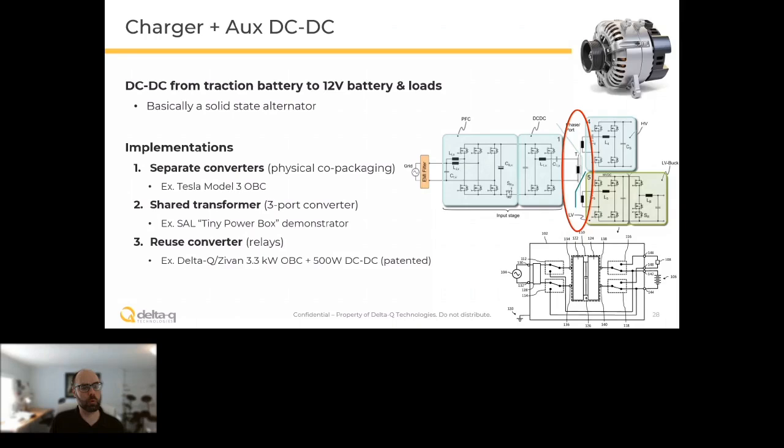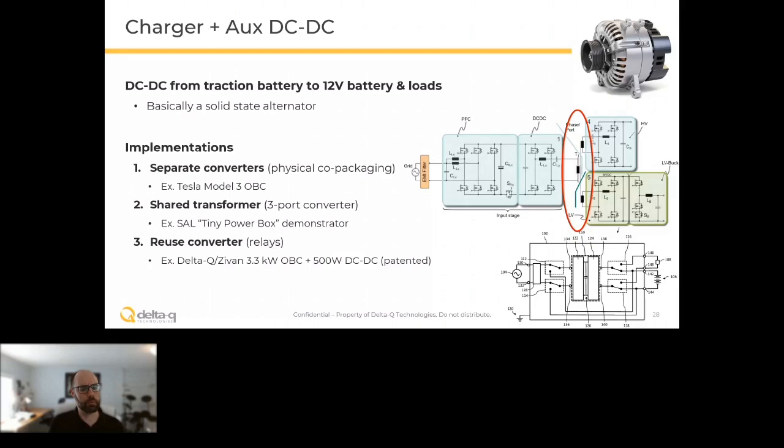And then finally, looking at AC export, AC from vehicle to grid, vehicle to load, in particular, like looking to run tools with a generator. Here again, it's possible to physically co-package two converters, but it makes more sense to make a battery charger bidirectional. So all the diodes need to be replaced with switches, so they're bidirectional synchronous rectification.